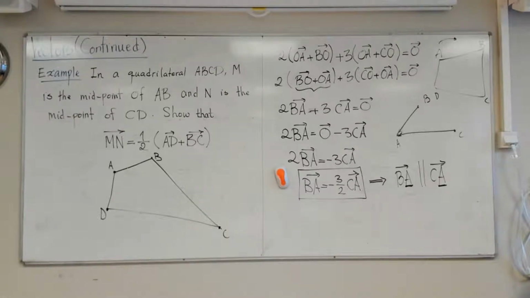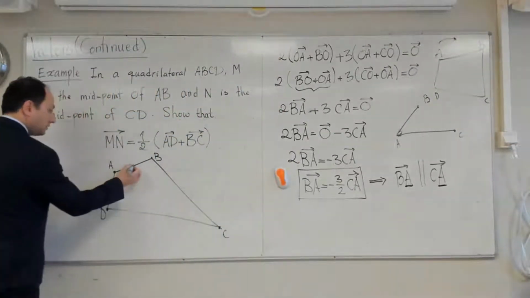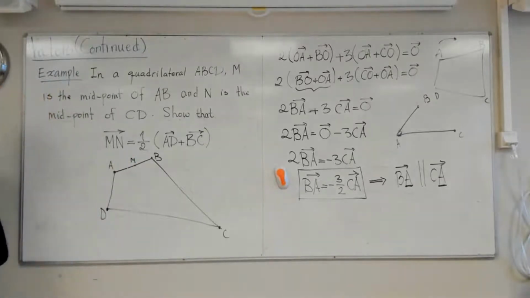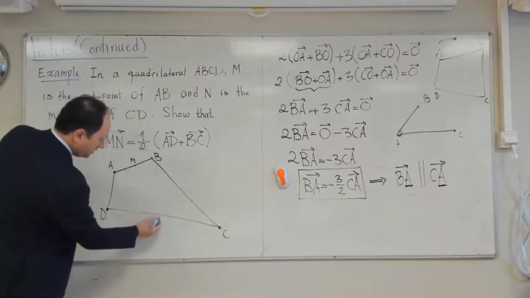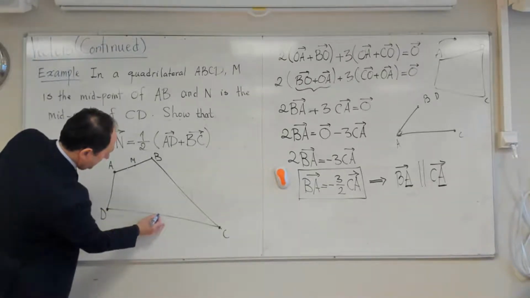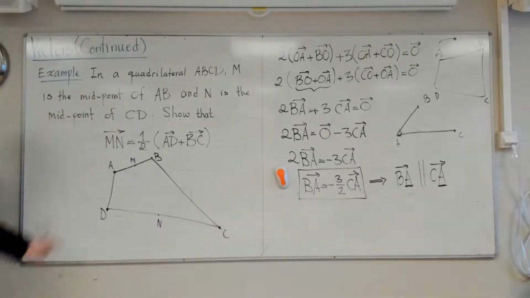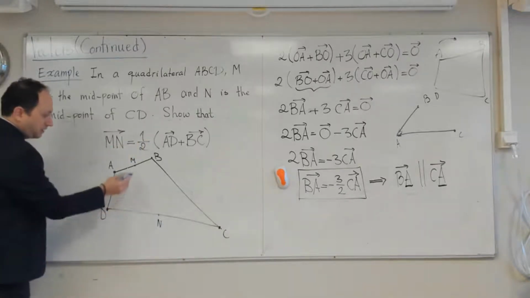Okay, and then I think, where is M? M is the midpoint of AB. So let me change my color. This is the midpoint. This is the middle, M. And where is N? The midpoint of CD or DC. So hopefully it is somewhere here, N. And then the vector involved in my relation is MN.